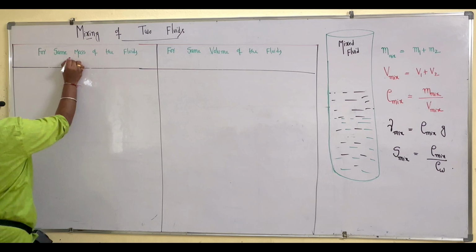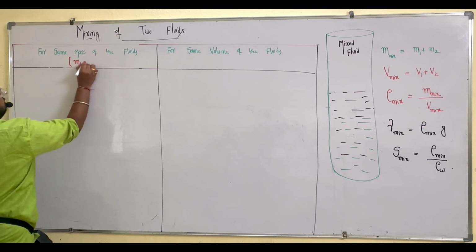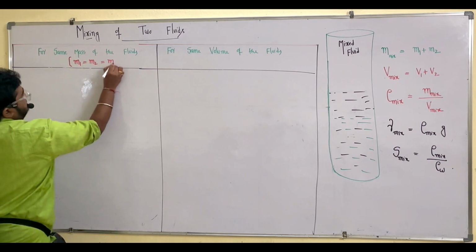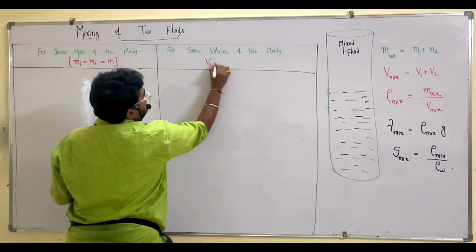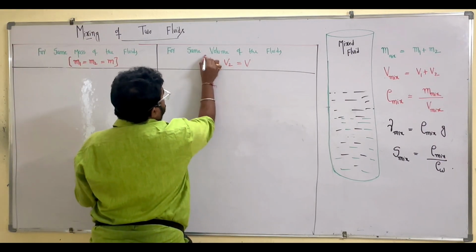Here m1 equal to m2 equal to m, and v1 equal to v2 equal to v.